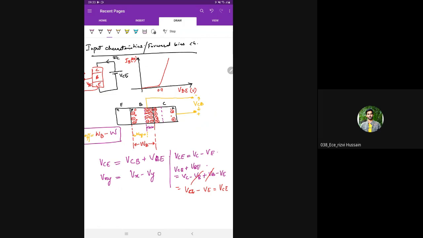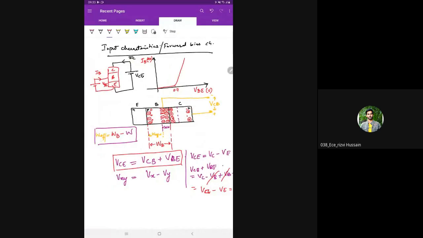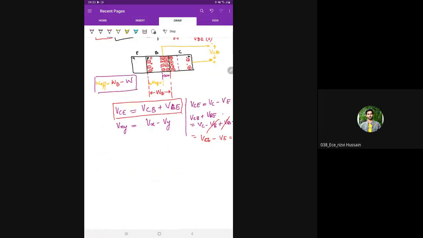That is why I said that in a transistor, VCE is equal to VCB plus VBE. And that is quite logical also. If I draw a transistor here, this is collector, this is base, and this is emitter.